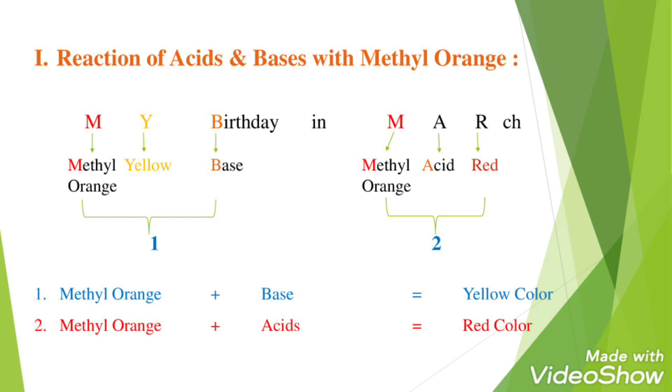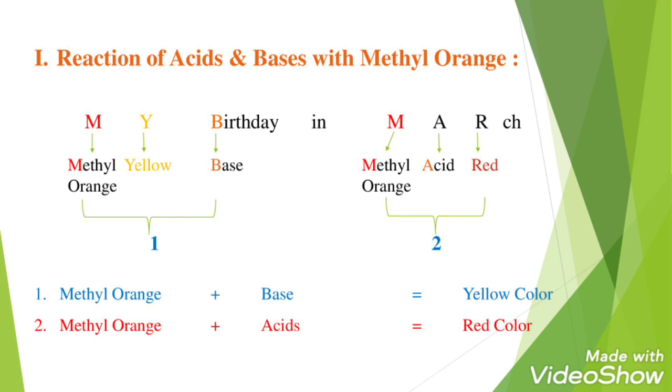Now go to the last word, March. In March, capital M, capital A, capital R. Capital M means methyl orange reacting with acid A. You will get a solution with red color.